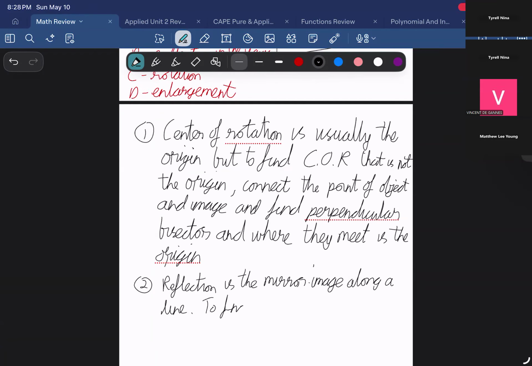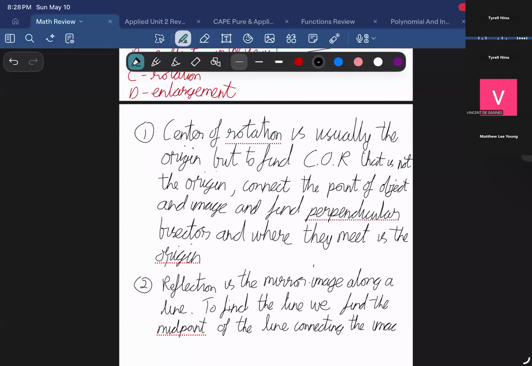To find the line, we find the midpoint of the line connecting the image and object.